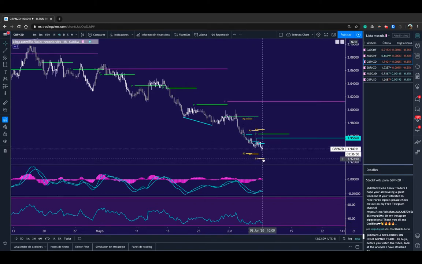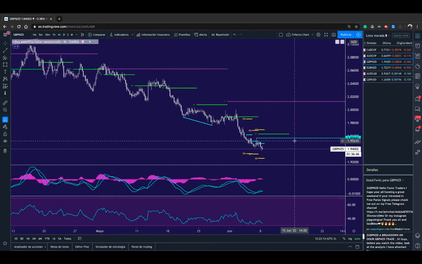The price is moving downwards, and RSI is not following the price. So if we see a break of this level of 1.9566, we can expect a nice upward movement towards this monthly pivot or this weekly pivot that the price did not touch in the last week of May.